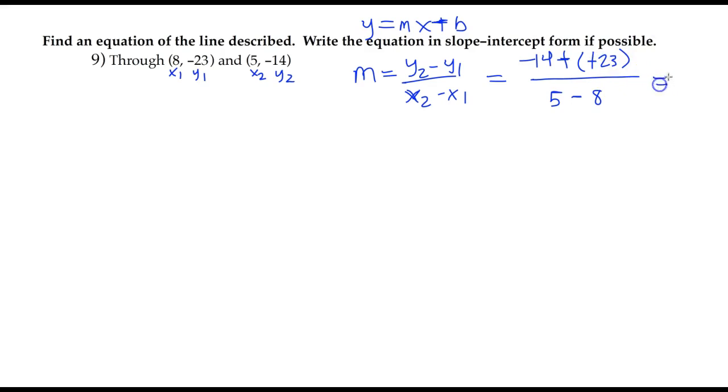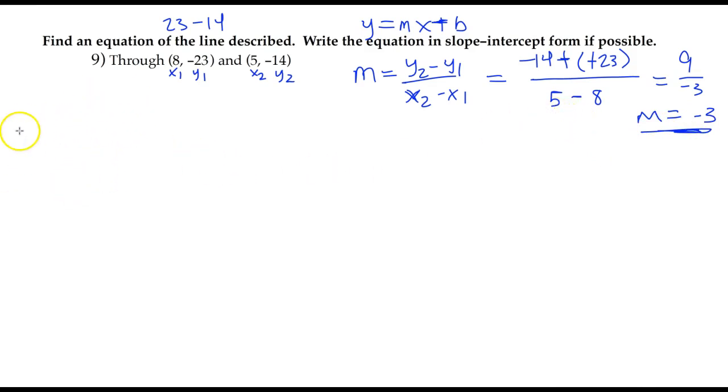And so now, whenever we do a negative 14 plus 23, that's the same as saying 23 minus 14. And of course, if we do the difference of that, that's going to end up being 9. So we have 9, and 5 minus 8 is going to be negative 3. So 9 divided by negative 3 is a negative 3. And that's what our slope would be.